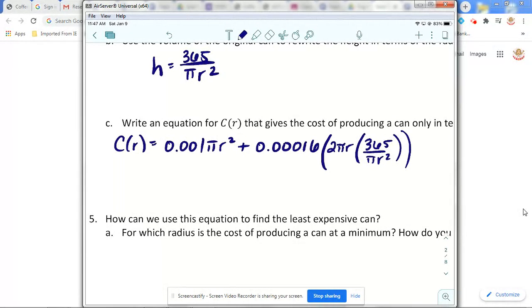All right, so we do get the pi to cancel out, and then one of the r's will cancel out. So now I just need to multiply the decimal times 2 times 365.